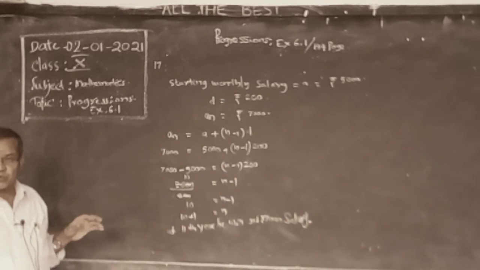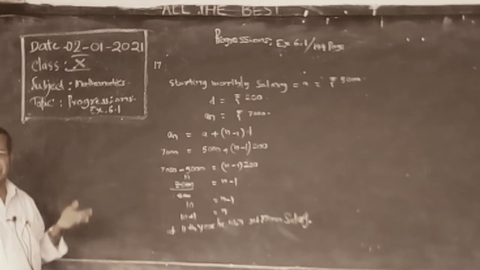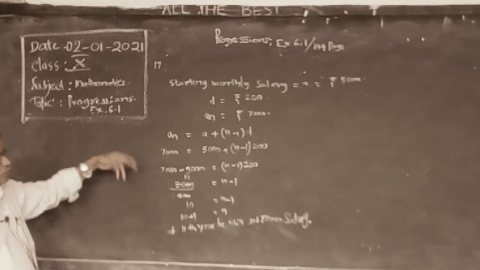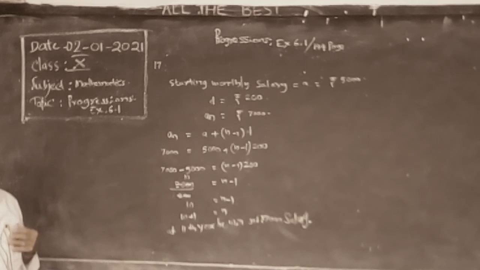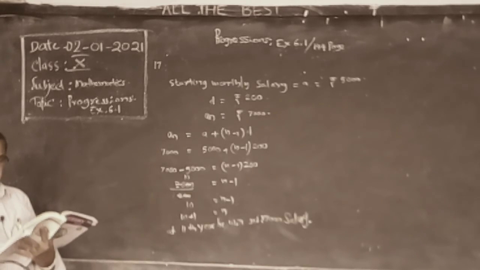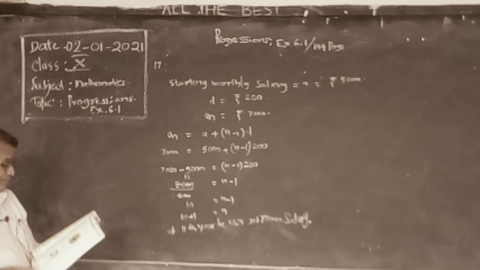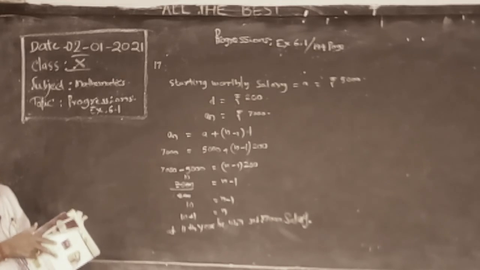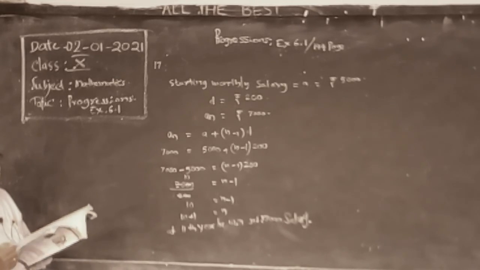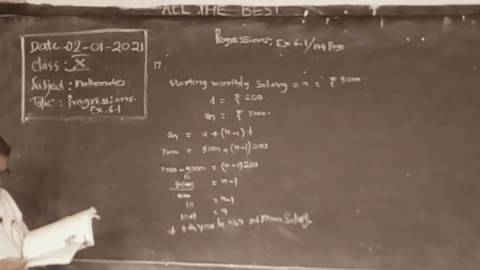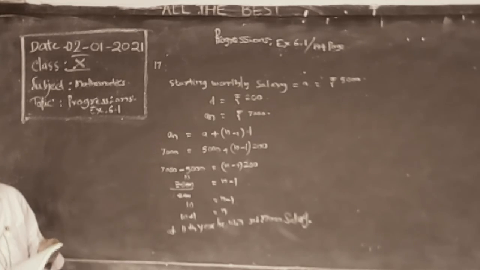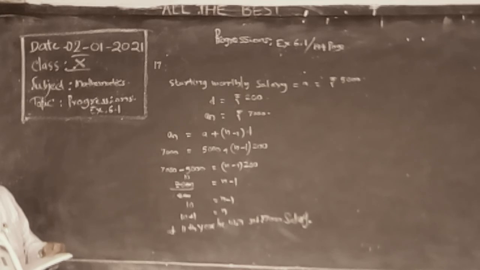So we can convert our daily life problems into arithmetic progression by applying the nth term of the AP. In which year did his salary become 7,000?